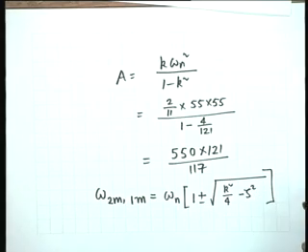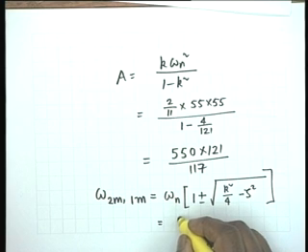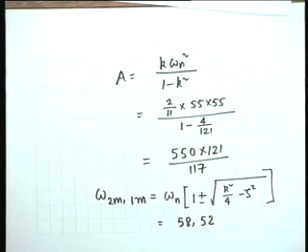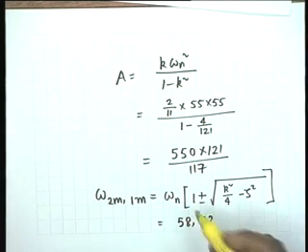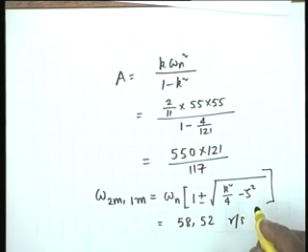This I derived in class yesterday, and also took help of it in the example, but I did it from the figure with numerical values. If you substitute the values, my results come as 58 and 52. I didn't have to calculate the other one because of symmetry: 55 plus 3, so 55 minus 3 is 52. So many radians per second, of course.